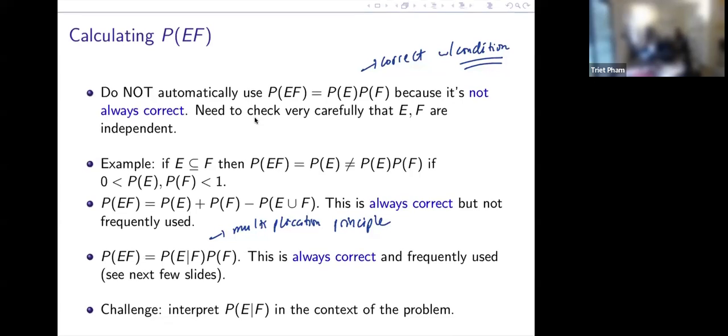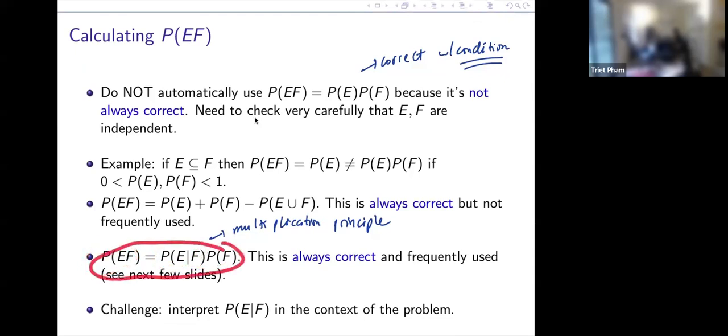Then we moved on to the multiplication principle for calculating probability. Basically, the idea is that to calculate the probability of the joint, you can use a conditional probability and then multiply with what you conditioned on.